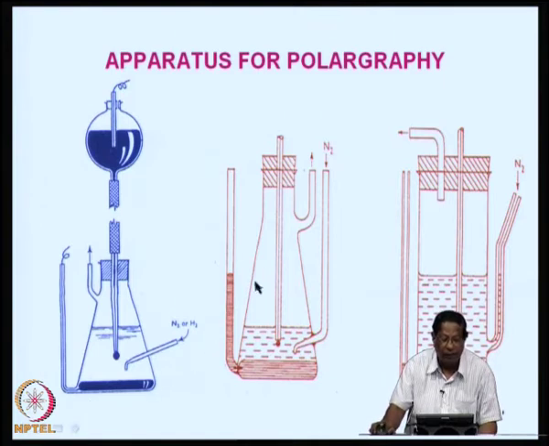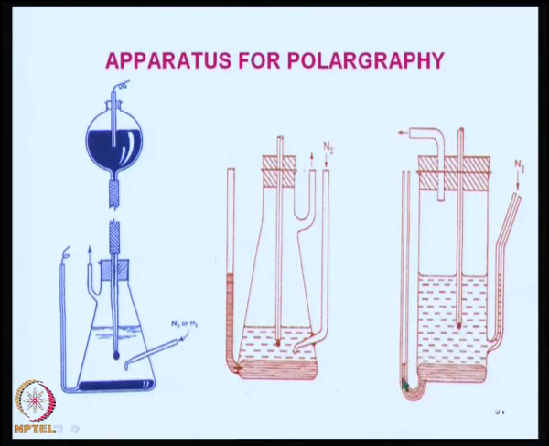This is a conical flask, this is a cylindrical flask, etc., and the nitrogen is being bubbled here, and here it is going out from the space in which the gas is held. Here it is passing out, gas is passing out through the solution itself, and from here also it is going out from the available space.